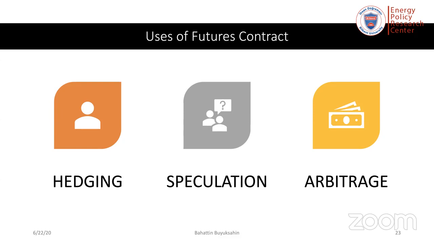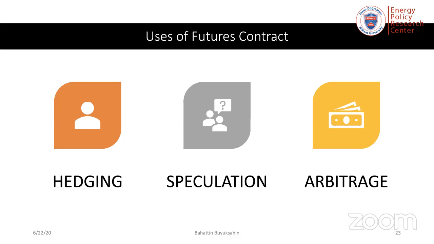A hedge might involve taking a long position or a short position in the futures contract. Speculators, on the other hand, use this instrument to make profit by betting on the future direction of market price of the underlying asset. If your beliefs suggest that the future price will be higher than what the market offers right now, you should go long.